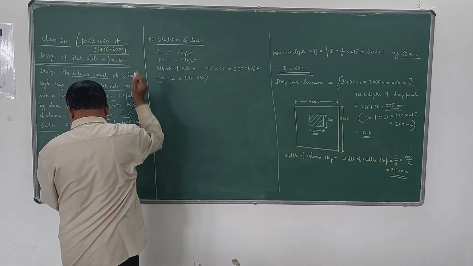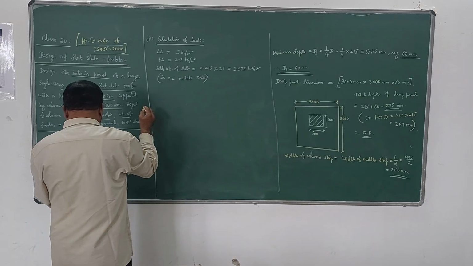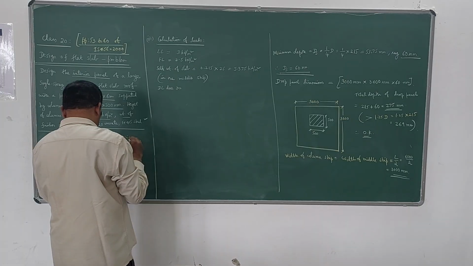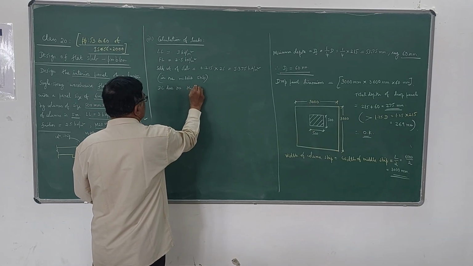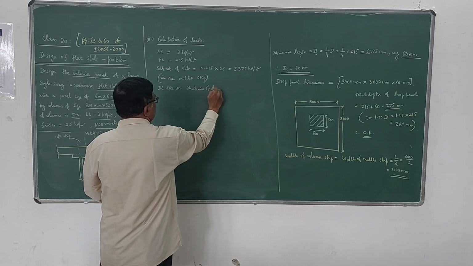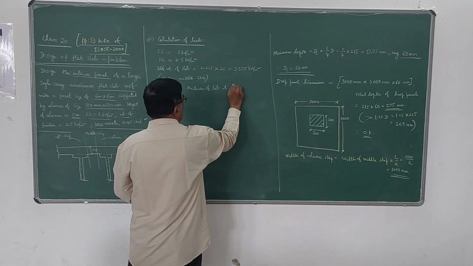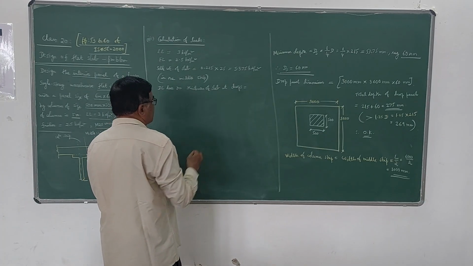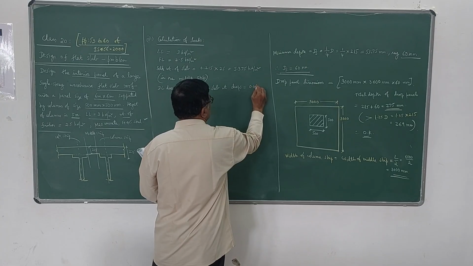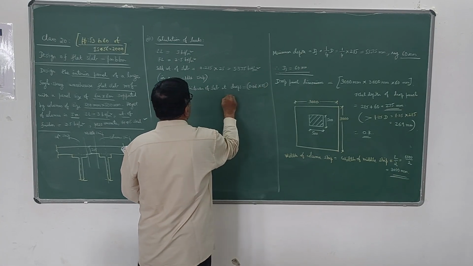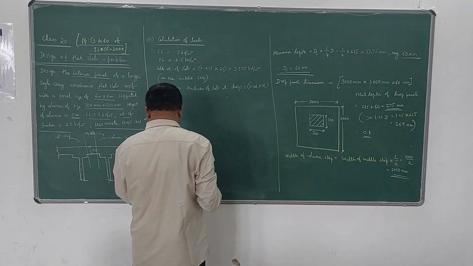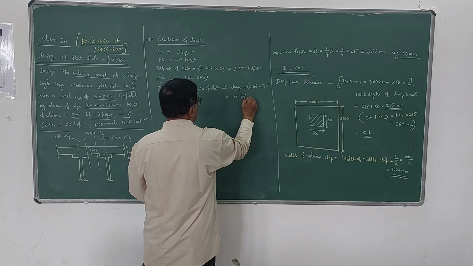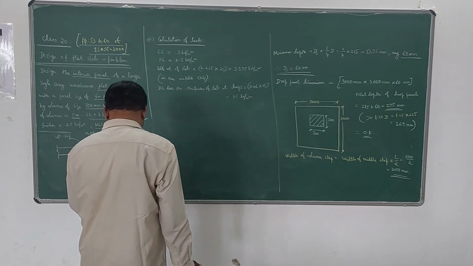So it becomes dead load due to thickness of slab at drops. Extra thickness we are giving how much? We are giving 60 mm. So 60 mm means 0.06 meter into 25. So 0.06 into 25 comes up to 1.5 kN per meter square.